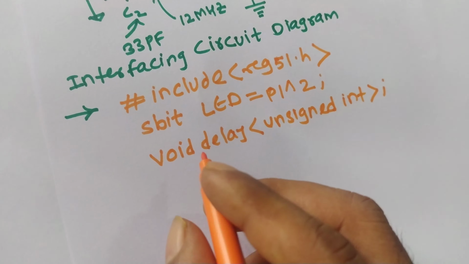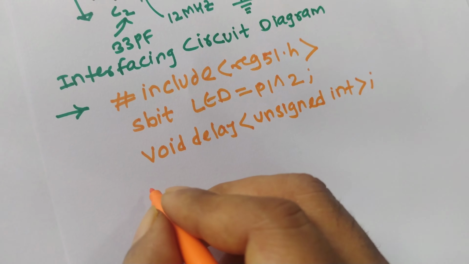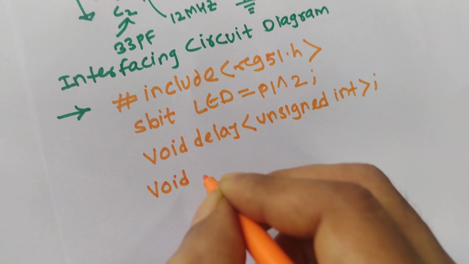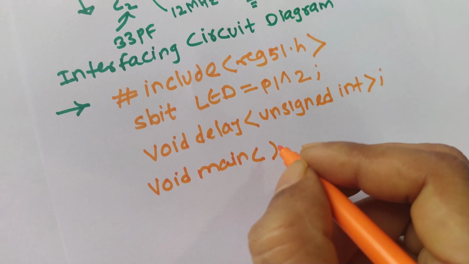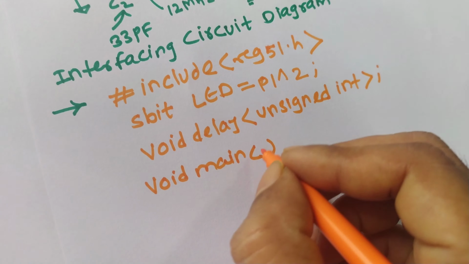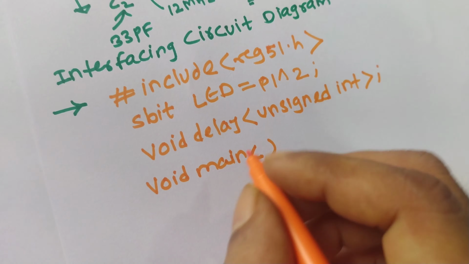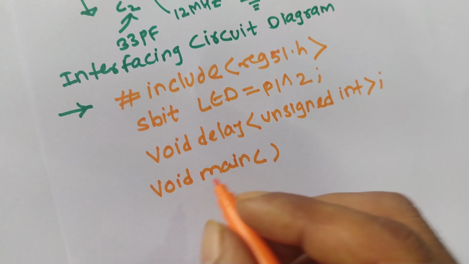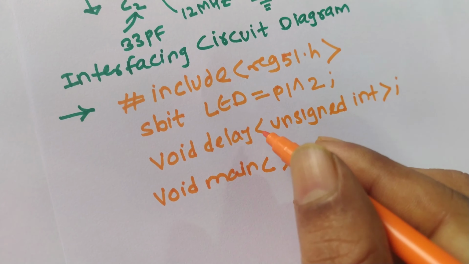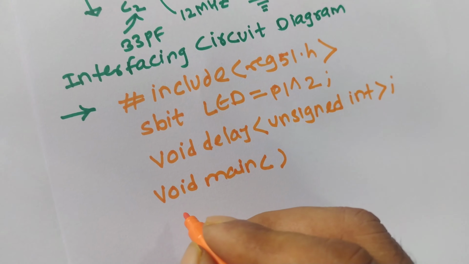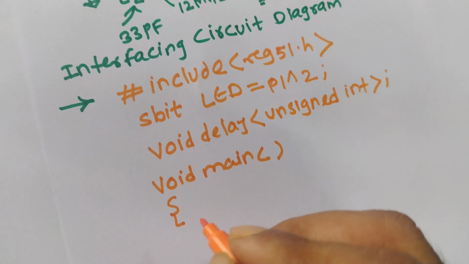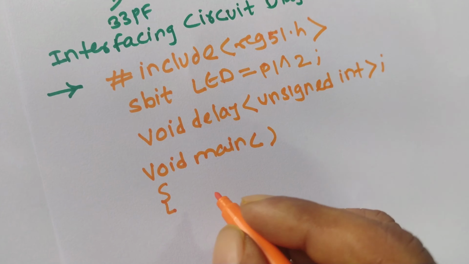Now you can start the program with void main. Actually our program will start over here. You can write while inside, because we have to use different functions over here. Then the program starts here.